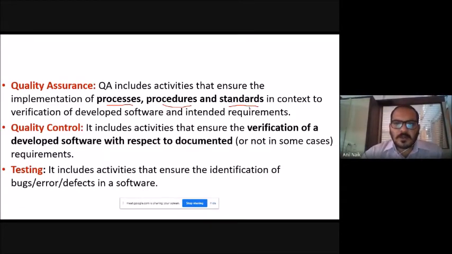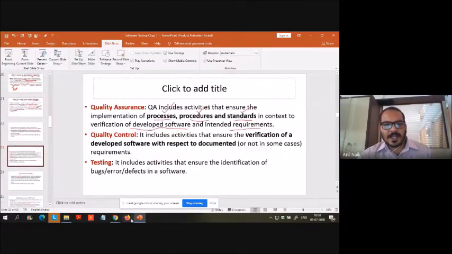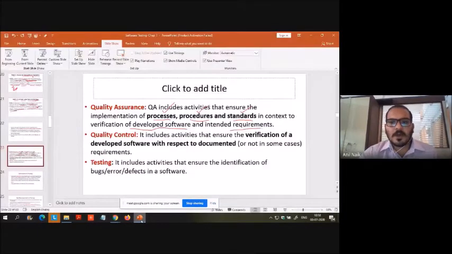It means that while testing any software product developed, we follow standard processes, procedures, and standards in the context of verification of the developed software and its requirements.